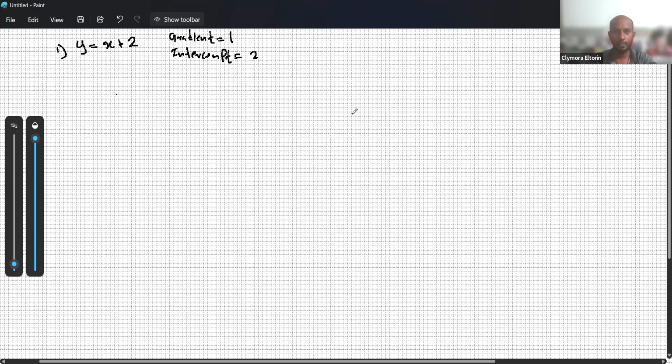Let's make a table. X and y. I'm going to give some values: minus 2, minus 1, 0, 1, 2, like that. Okay. Let's see how to find the values here.